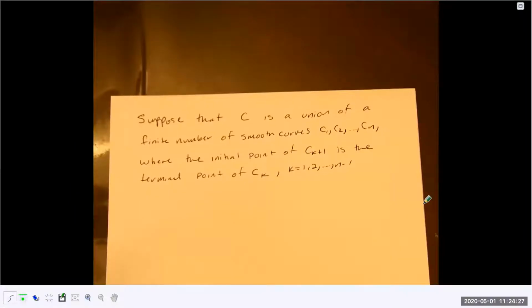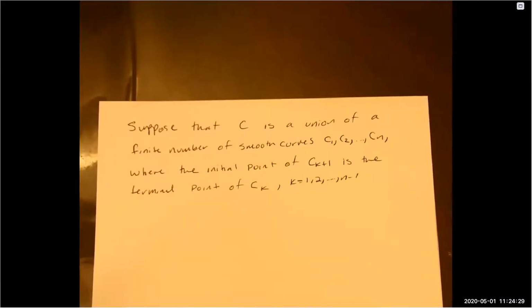Okay, so let me read through this. So suppose C is the union of a finite number of smooth curves, C1, C2 through Cn, where the initial point of C(k+1) is the terminal point of Ck for k going from 1 to n minus 1.